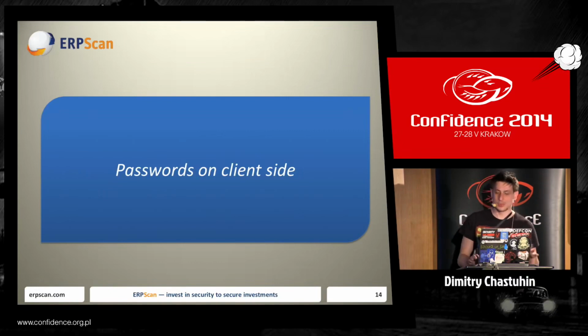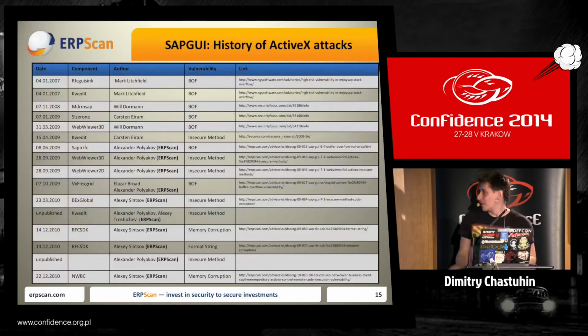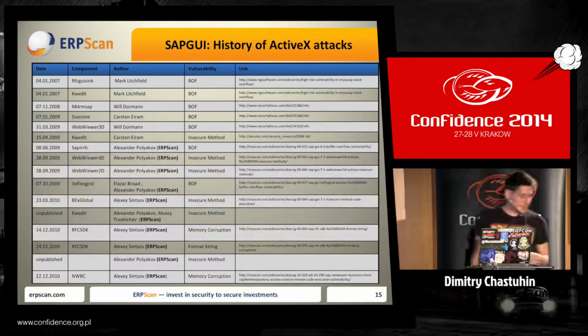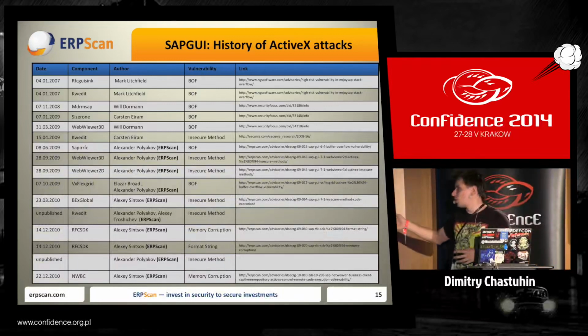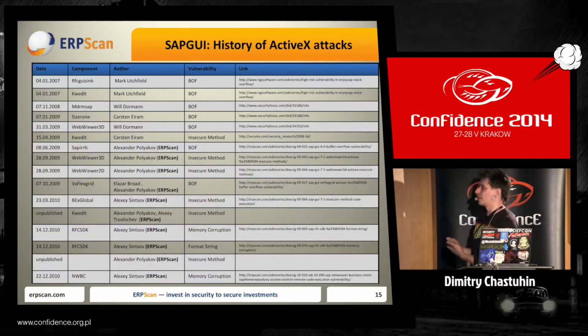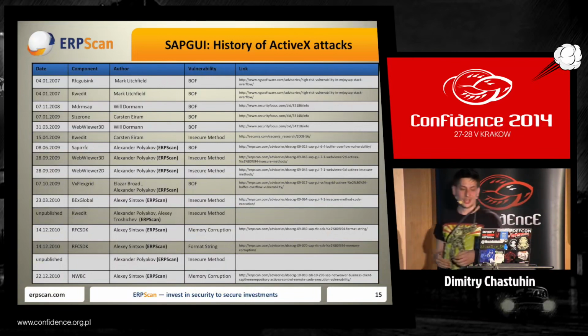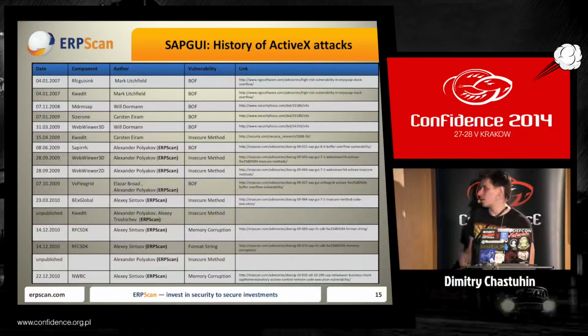So go next, passwords on the client side. I don't know, can you see this? But there is a list of some vulnerabilities which were found in ActiveX components, which were installed when the administrator installs the SAP GUI on the client system.